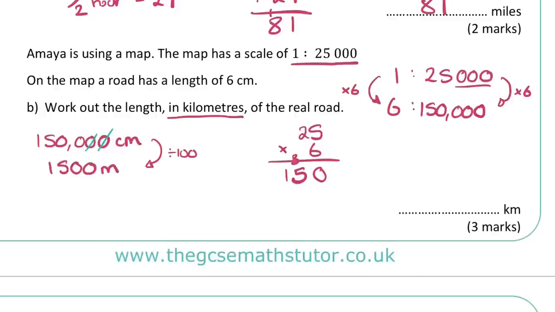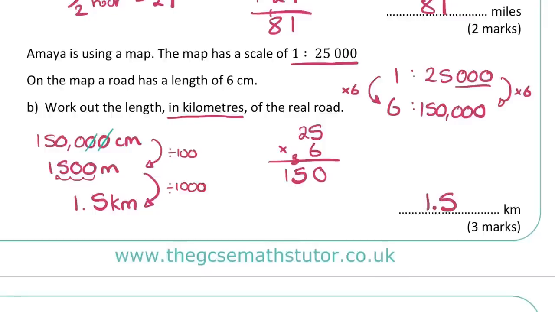There are 1,000 metres in 1 kilometre. Remember, kilo means 1,000, it literally means 1,000 metres. So dividing by 1,000, so 1, 2, 3 hops of the decimal in there. That's going to be 1.5 kilometres. And there we go, there's our final answer, 1.5.